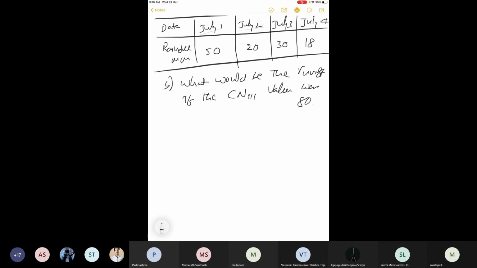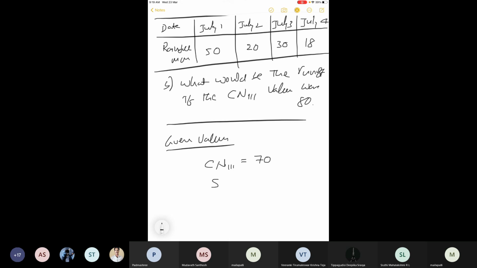Let's see what the question for A is, and what the given values are. So we know CN for category 3 is equal to 70. That is already given.